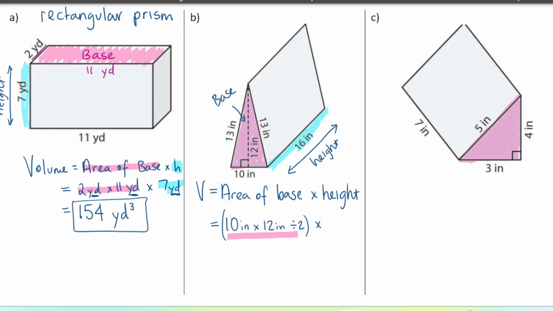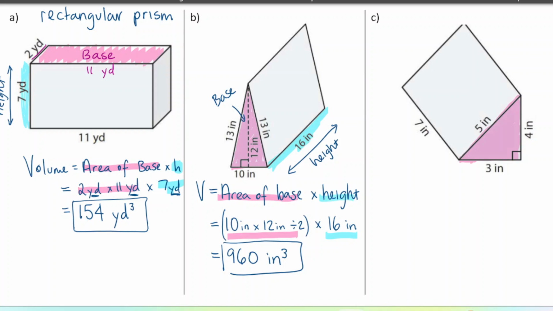And then I'm multiplying by the height here, which is 16 inches. So area of base times height, when I multiply all those things together, 10 times 12 divided by 2 is 60, and 60 times 16 is 960, and it's inches cubed. So that is the volume of that triangular prism.